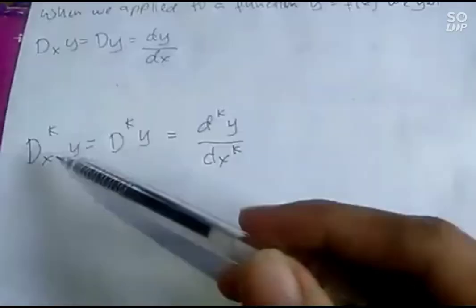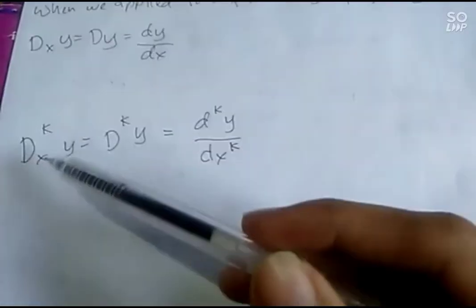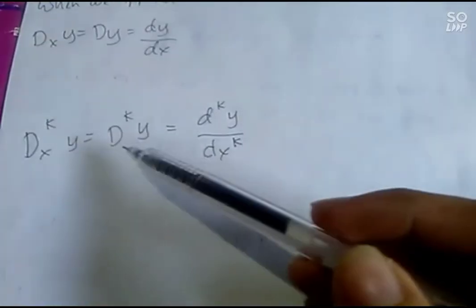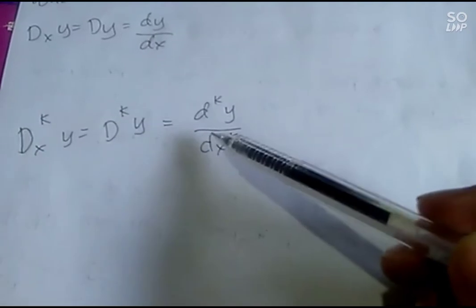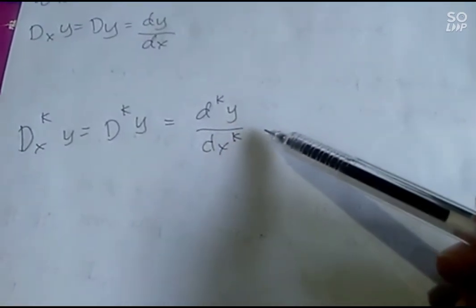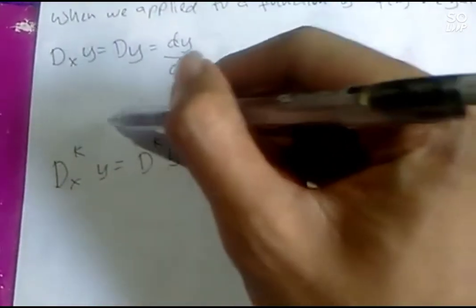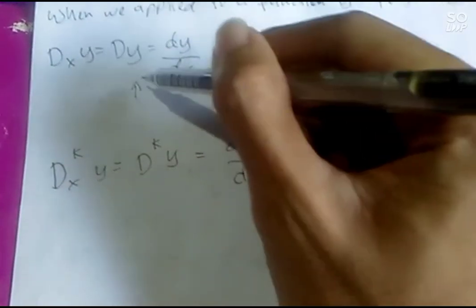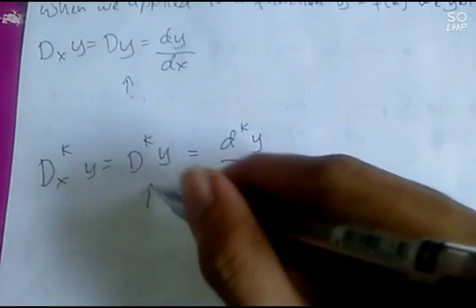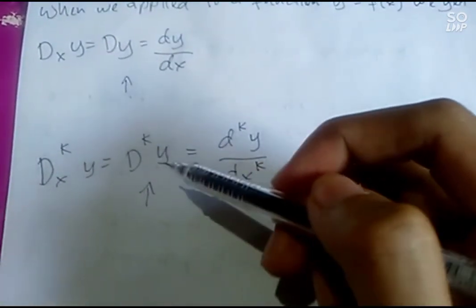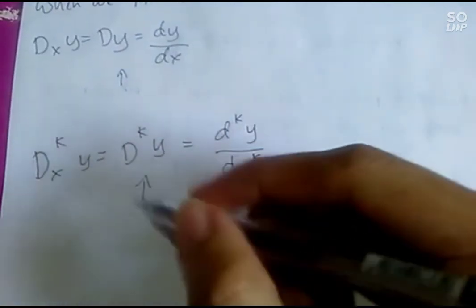And D with superscript k and subscript x followed by y, or also D raised to k followed by y, equals the kth derivative of y with respect to x, which means that D^k is applied to y.